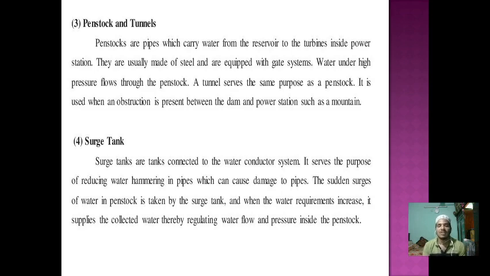That's why the surge tank is used to reduce the high rate of flow of water beyond the limit.